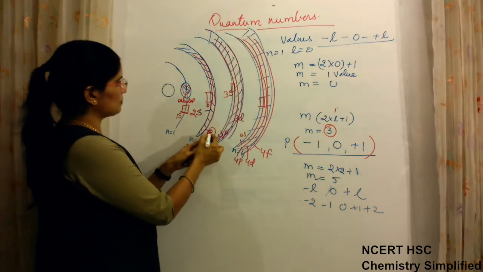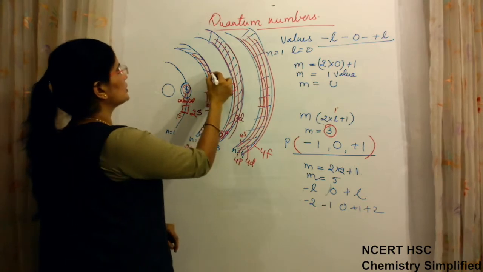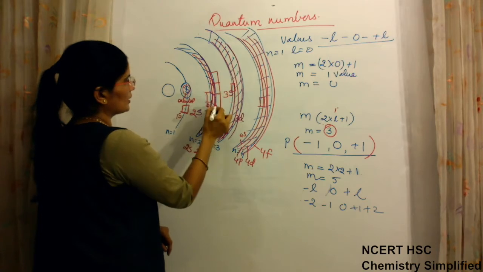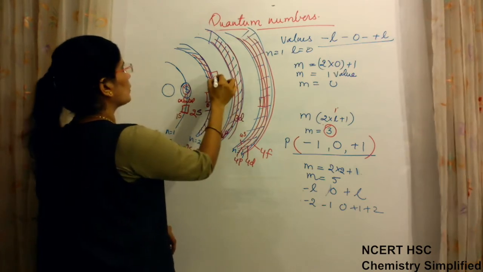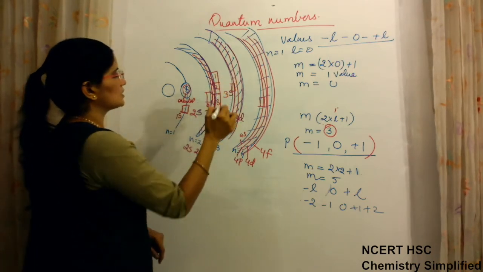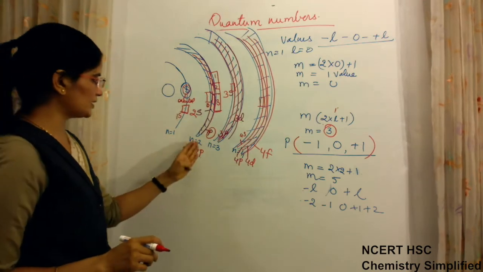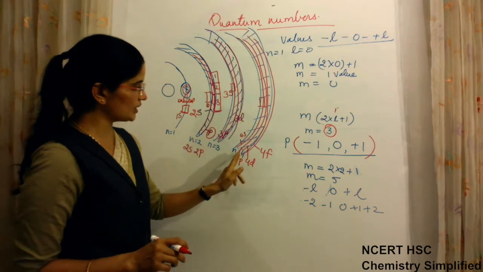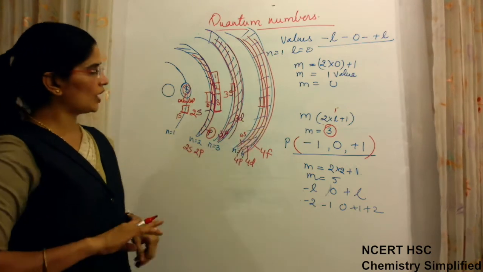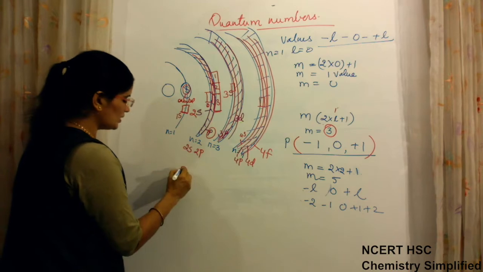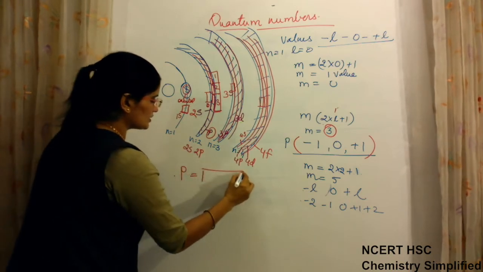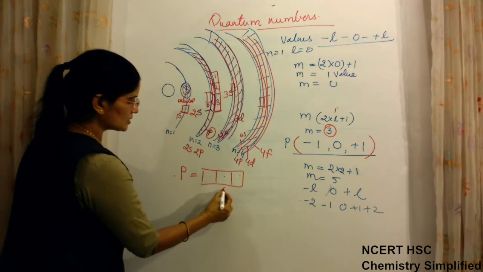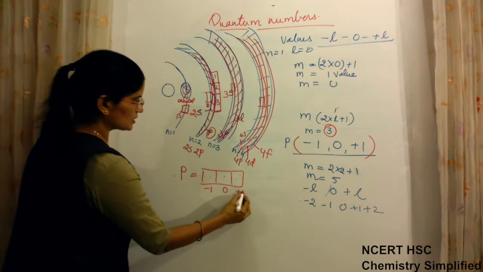That means this p will have 3 orbitals inside it, 1, 2 and 3. Whether this is 2p, 3p or 4p, every time a p subshell is present, it will have 3 orbitals. This is 0, this is minus 1, this is plus 1.